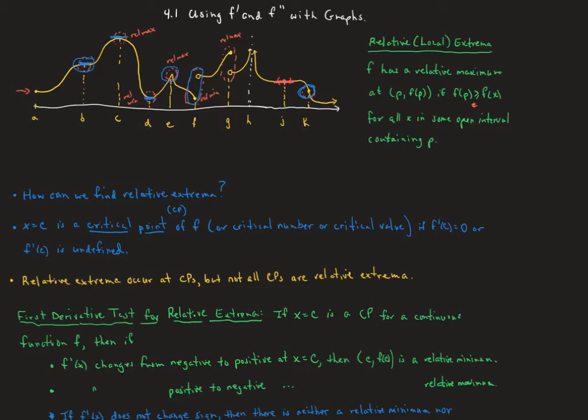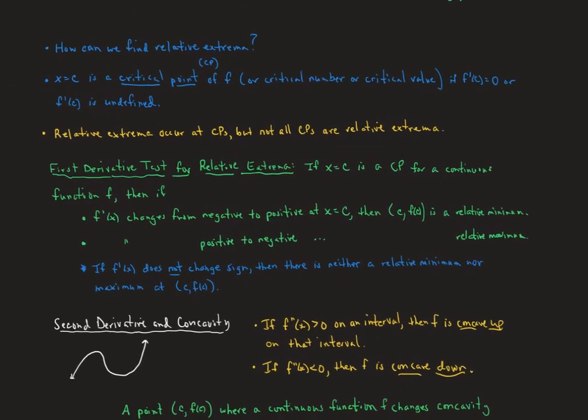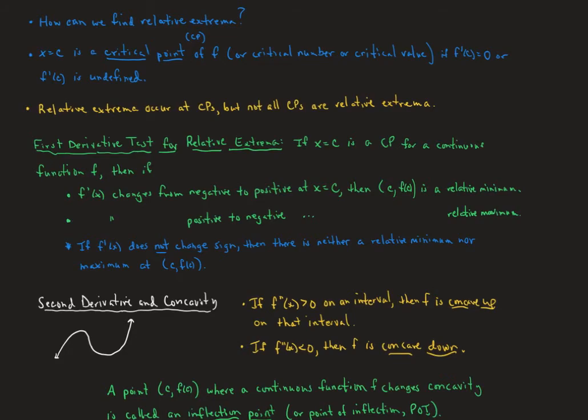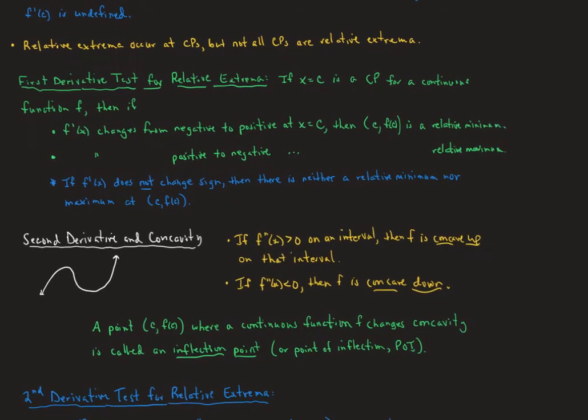Okay, so we get what we call the first derivative test for relative extrema, and this is going to be our bread and butter. We're going to use this a lot.